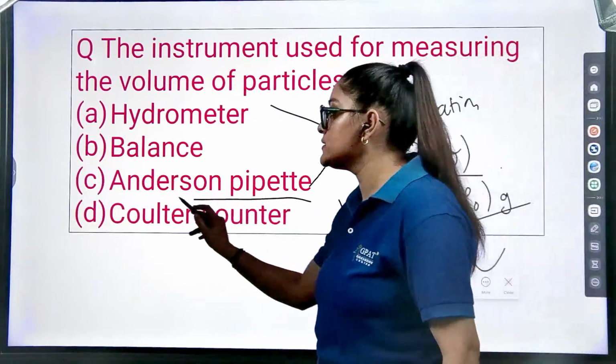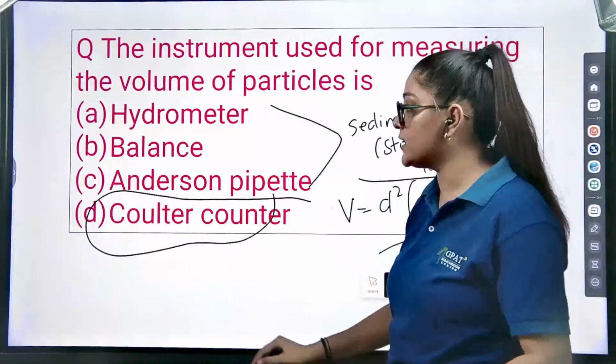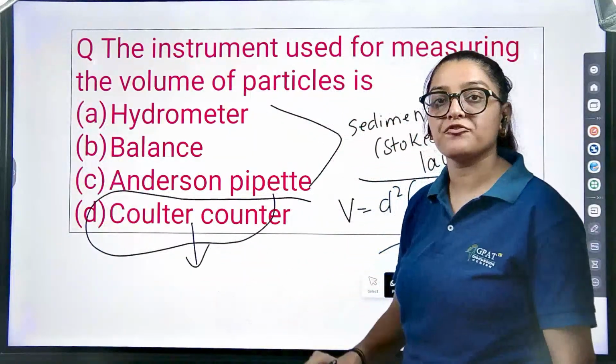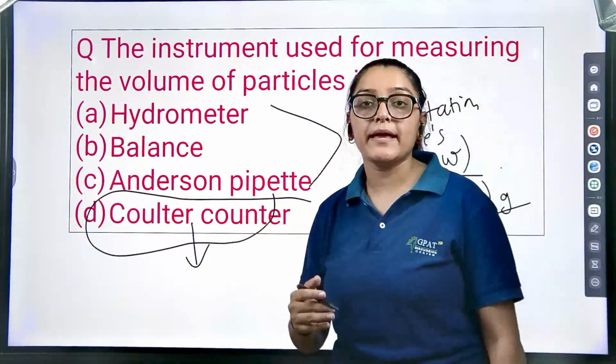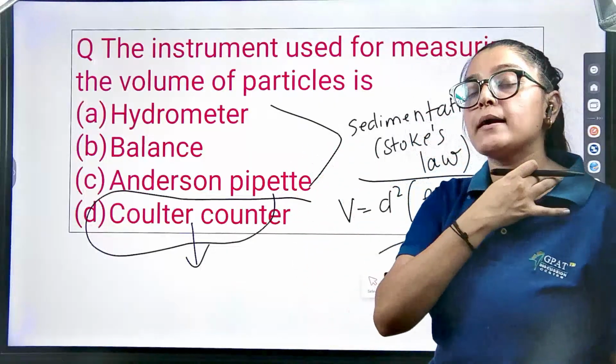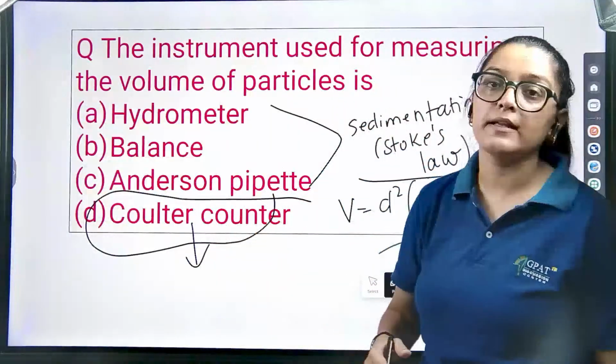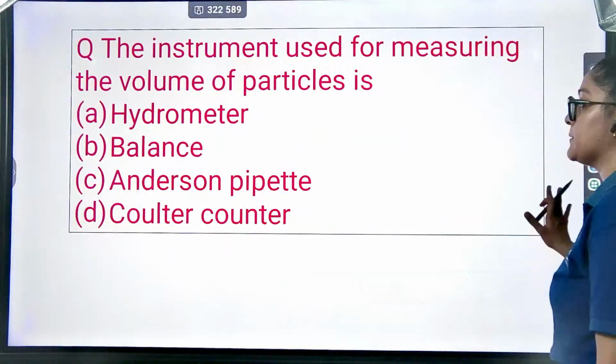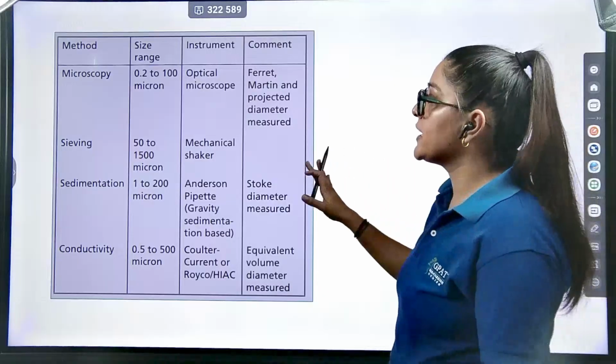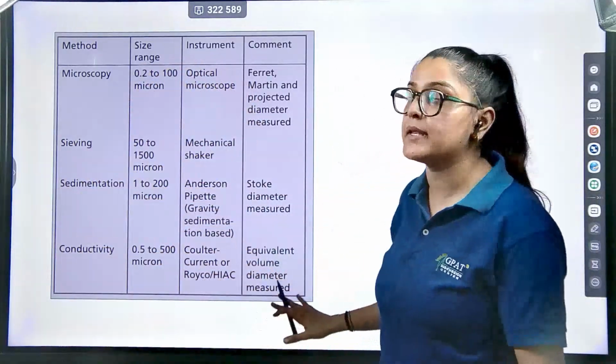Okay, this Coulter-Counter method is the method used for the determination of the particle volume, based on the change in resistance that occurs, which is noted, and finally 4000 particles per second can be counted. Okay, we have seen this, a very good summary.